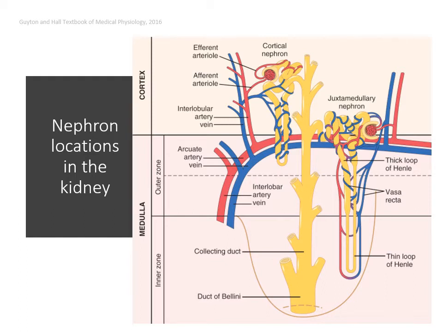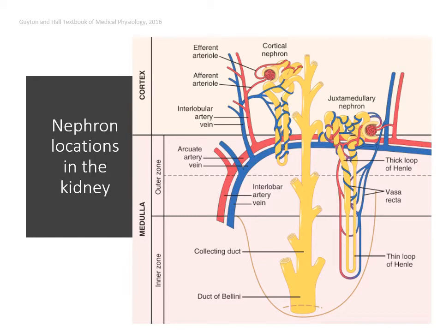The red are the arteries coming in. At this point they're basically capillaries, and each nephron is going to get a little capillary or arteriole that's going to interact with the glomerulus, and the blood vessel is going to give up some solute, some fluid, to the glomerulus.